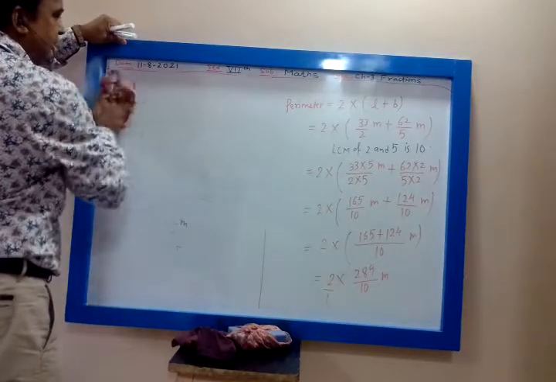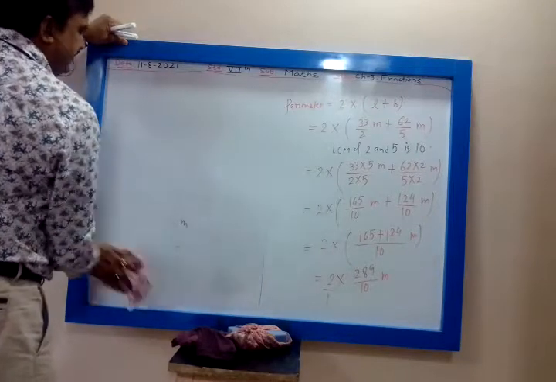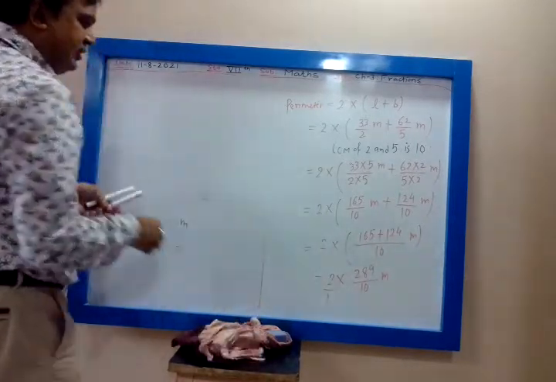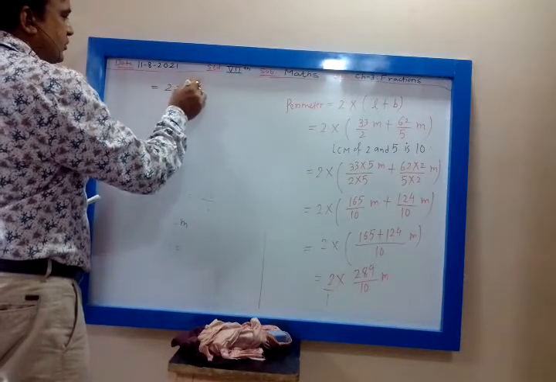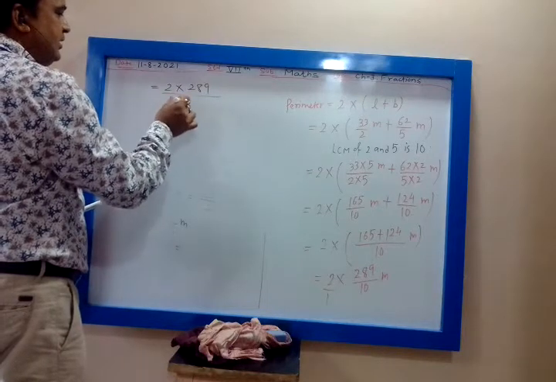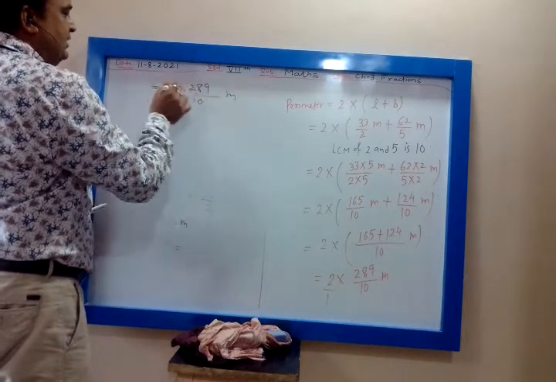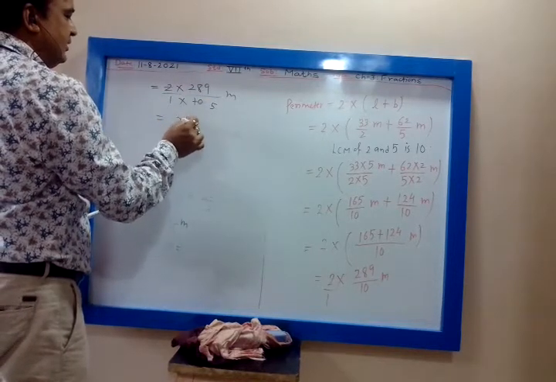This is multiplication of two fractions. How we multiply two fractions? Multiply numerator to numerator. So 2 into 289 upon 1 into 10 meter. 2 fives are 10. So that is 289 upon 5 meter.